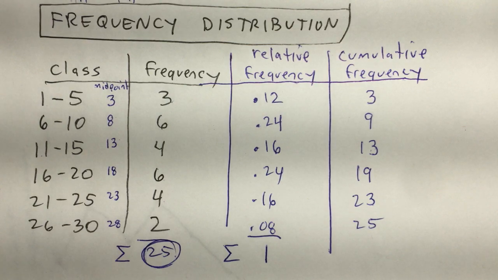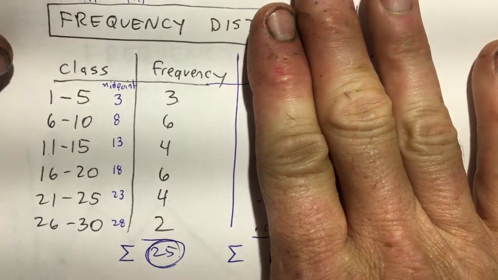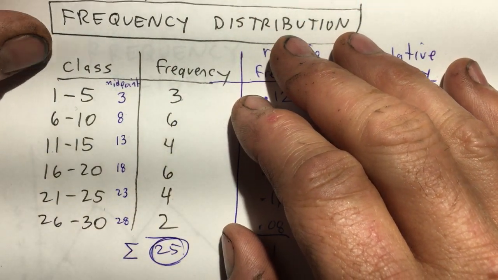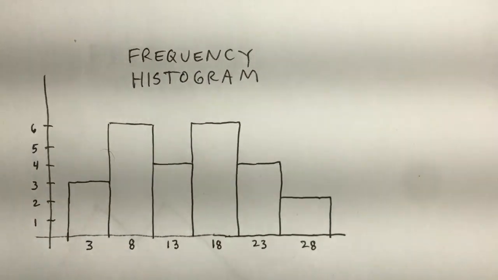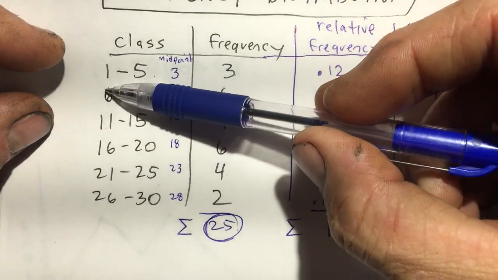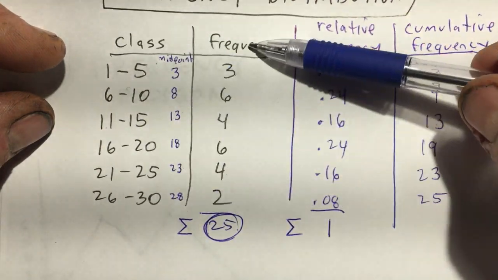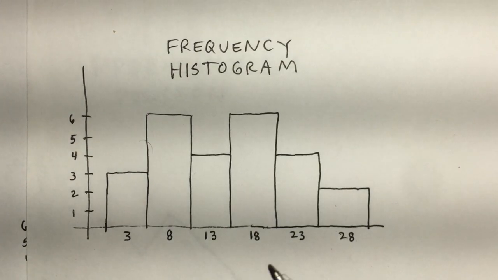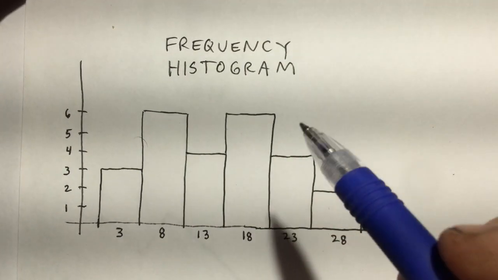Okay. Now, we could take this frequency distribution right here and make what's called a frequency histogram. So I've got one right here. This is a frequency histogram. And basically what it's doing is just taking your class and your frequency, and making this little graph.